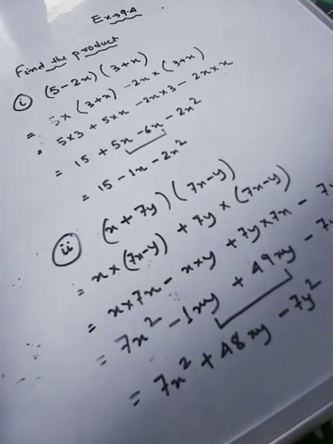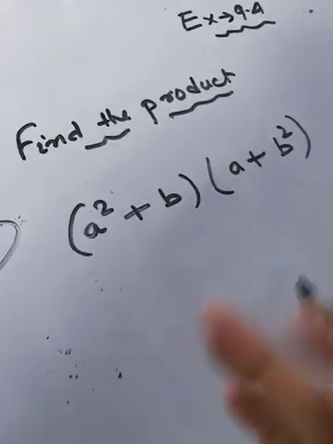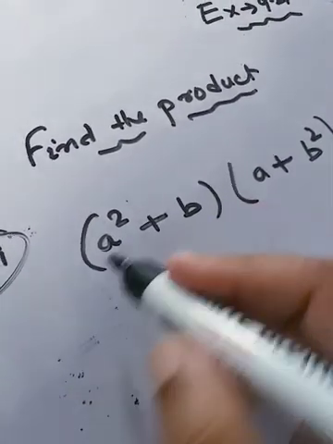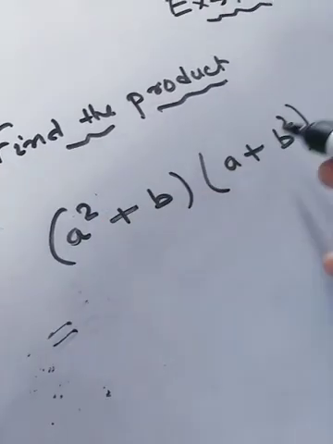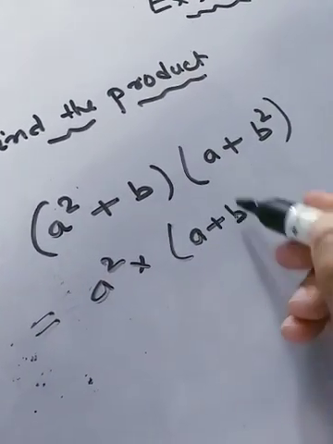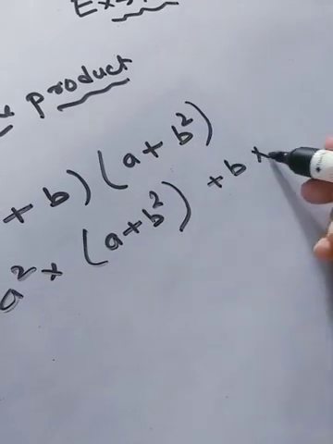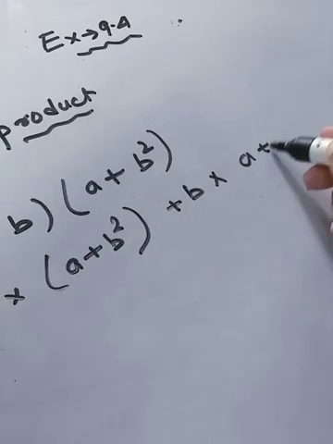So let's move on to sum number 3. This is sum number 3. So the same step we'll do, that is a square with this binomial, with this plus b square, we have to multiply this binomial.